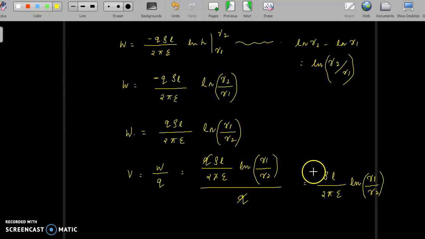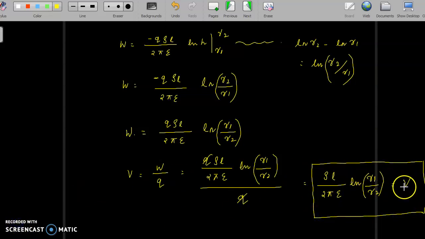So this is the expression of V. This is the expression of the electric potential between two coordinates when they are in the electric field produced by an infinitely long line charge.